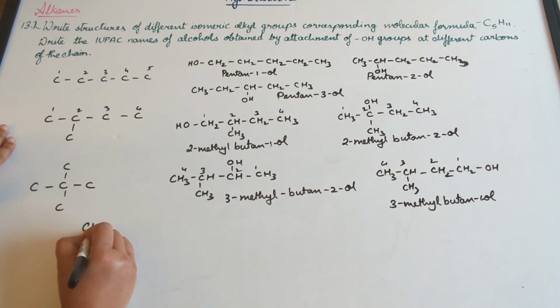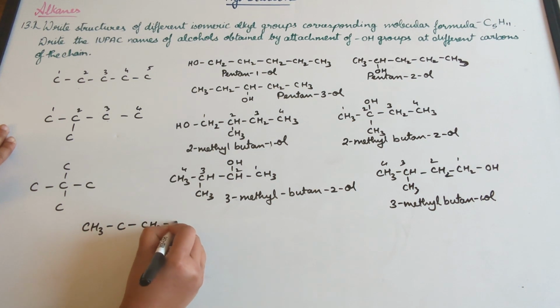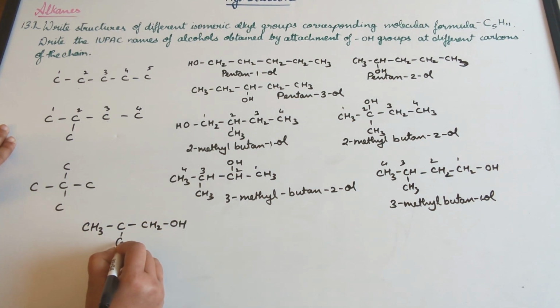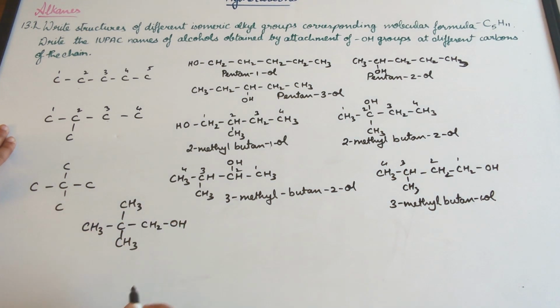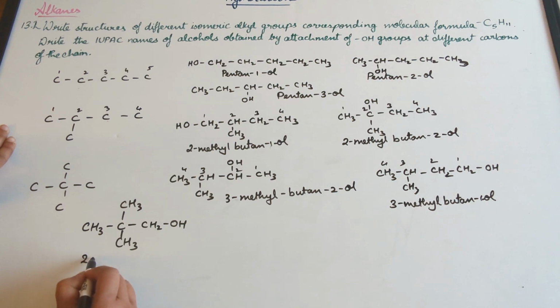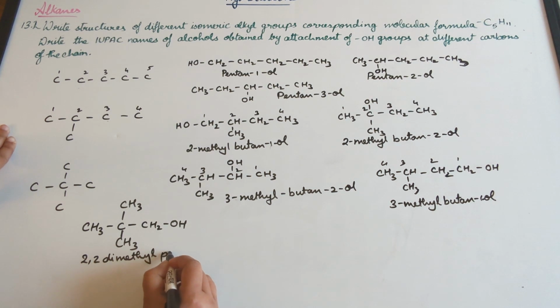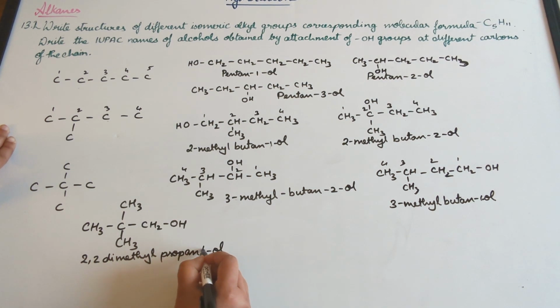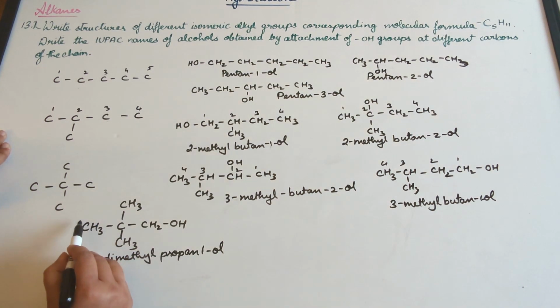So you have CH3, CH2OH, CH3, and a CH3 over here. When we consider the name, we'll be taking 2,2 dimethyl propan 1-ol.